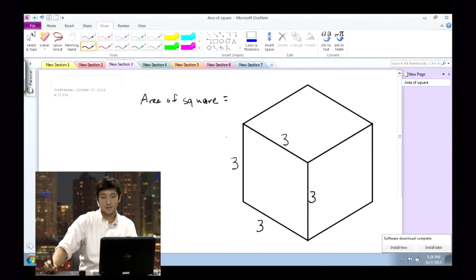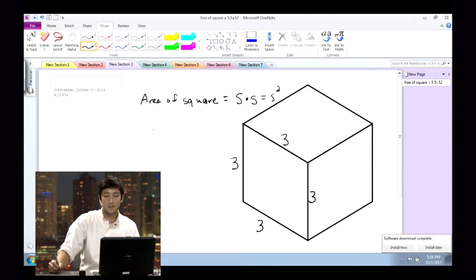In a cube, the length and the width are going to be the same because a cube has all equal sides. So really it's the side times the side. Another way to say this is side squared, right?